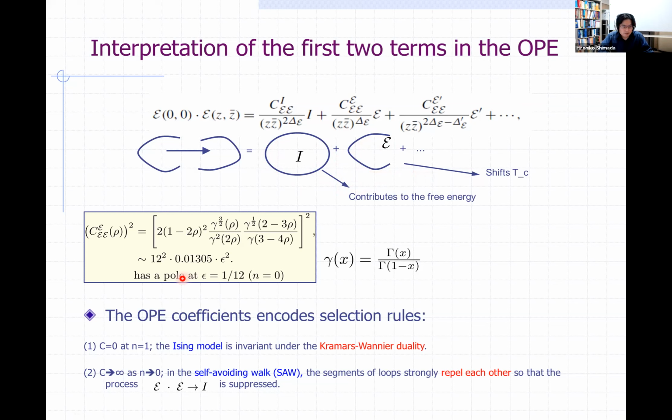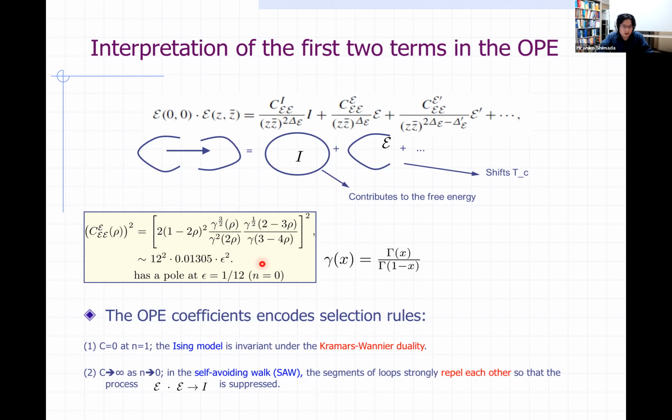And this C, the structure constant of the energy operator, encodes some important selection rules. At n equal 1, because the critical point is self-dual, it satisfies Kramers duality. So this three-point function squared becomes 0.